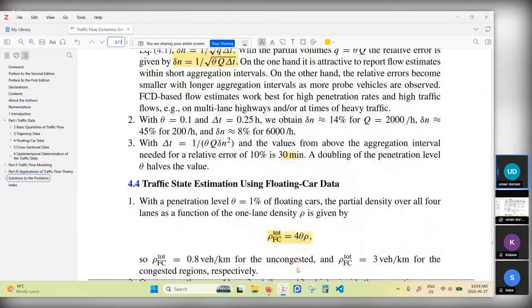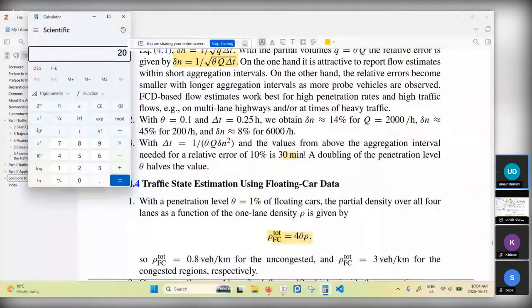So when we do that for the uncongested region, we have 20 divided by 100 times 4. That comes out to be 0.8. Just to confirm that, here's 20 divided by 100 multiplied with 4, and we get 0.8.